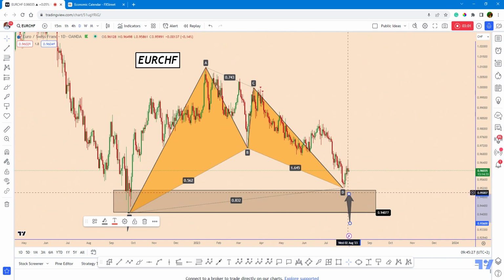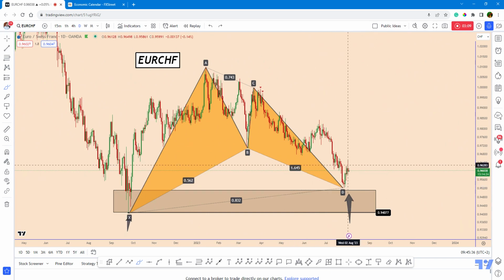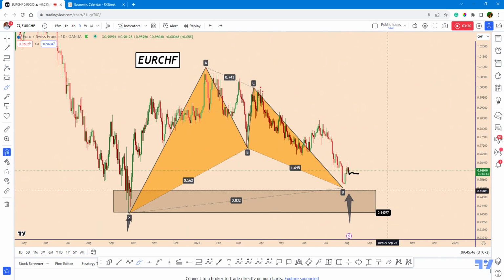It is valid overall. We may see also any small correction, but I think that this is done as a pattern. So the chances are that even if the price will make any small correction or it will spend more time in this zone, we may see EURCHF to grow further on a daily chart.